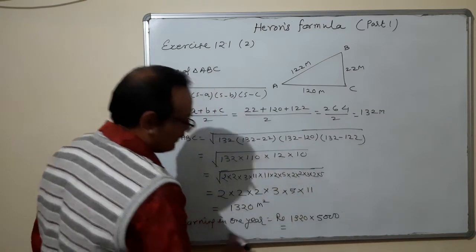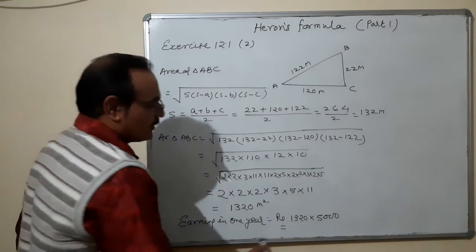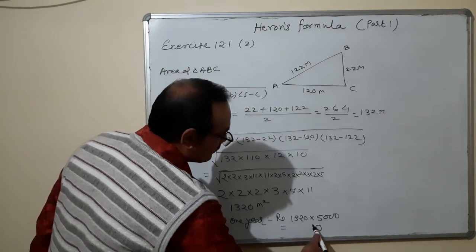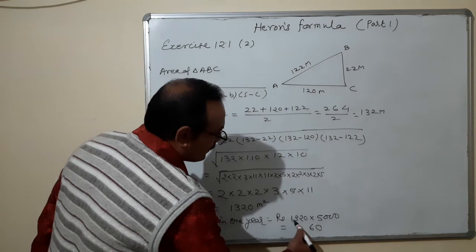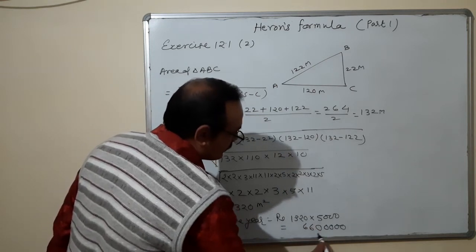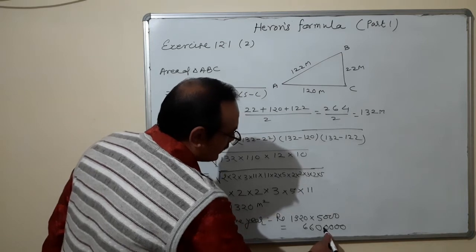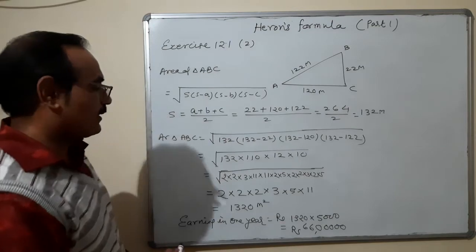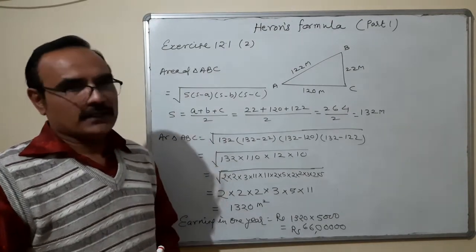Okay, this is earning in 1 year. 5 2s are 10, 5 3s are 15, and so on. So that is 66 lakh. This is the earning in 1 year.